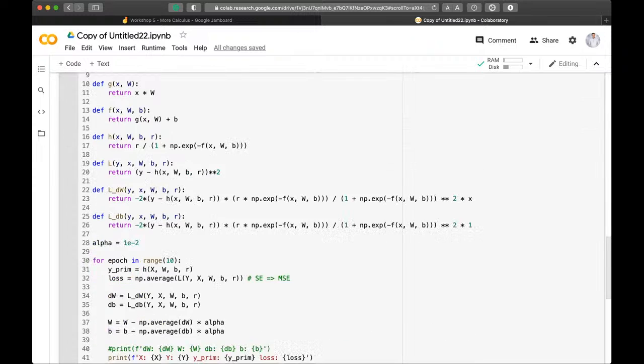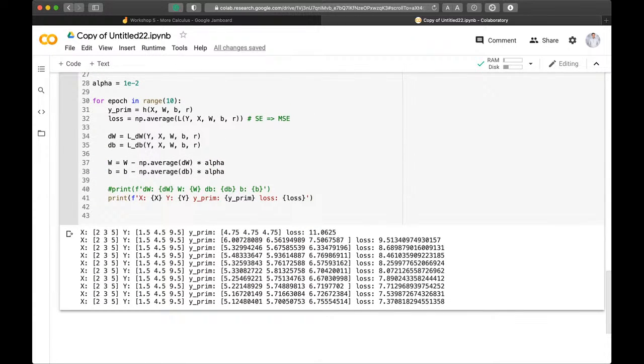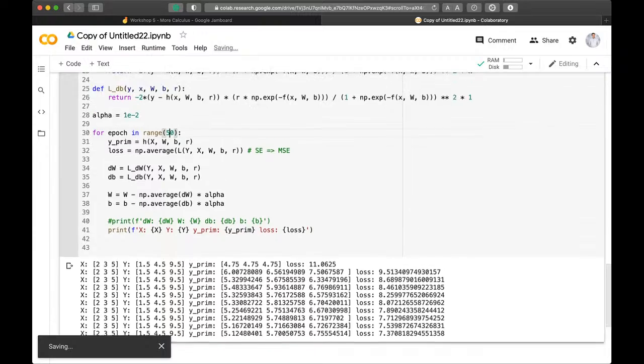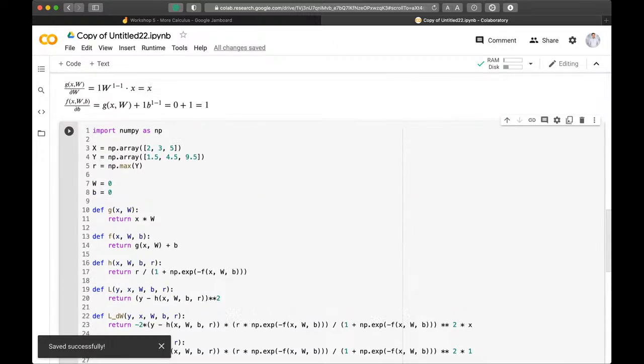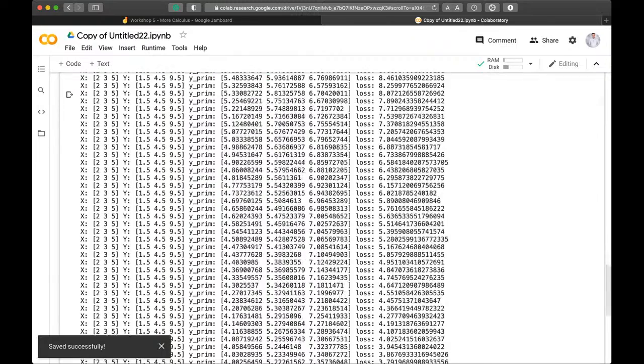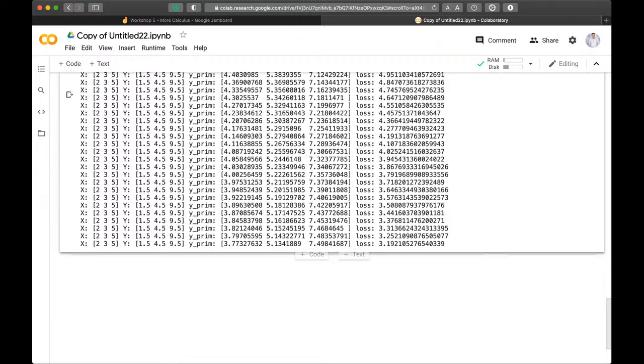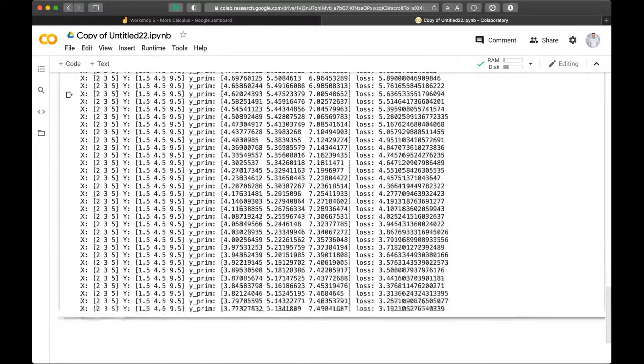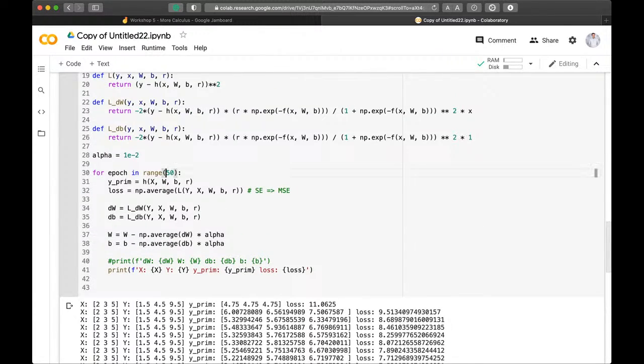I don't know what will happen, but let's add 50 time steps, like 50 epochs, and run it again. With 50 epochs, now it's getting much better. Let's add 200 epochs.